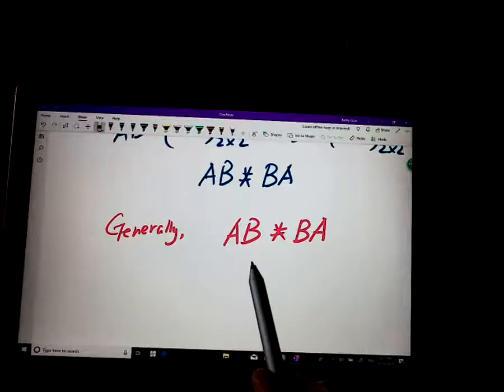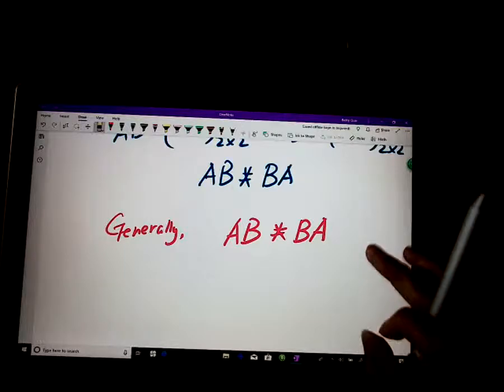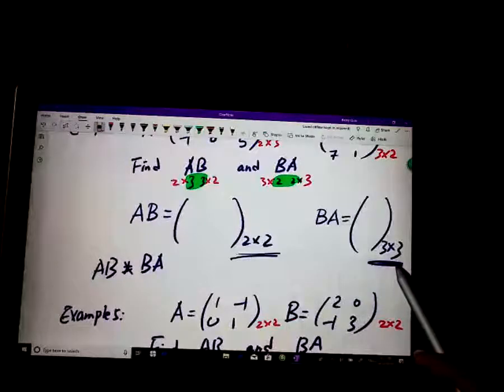From example 3, you can see AB is well defined, BA does not even exist. From example 4, you can see both A times B and B times A are well defined, but A times B is 2 by 2, B times A is 3 by 3.